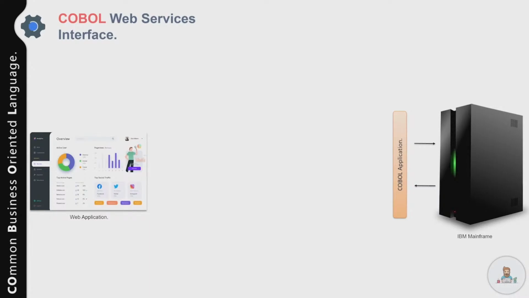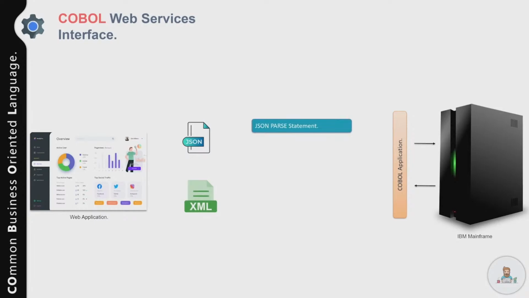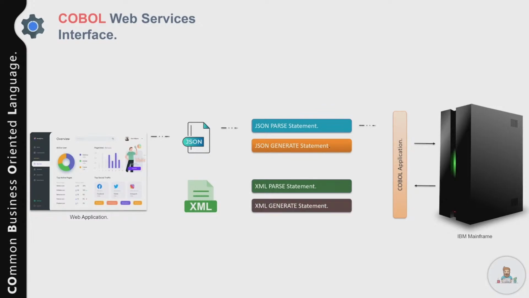First of all, let's say our web application is communicating with the COBOL application in JSON format. In this case, you can use two separate COBOL statements. The first one is the JSON PARSE statement, which is used to consume the JSON message that you have received from the web application. Apart from that, you can use the JSON GENERATE statement that will convert the COBOL data item or the COBOL output into a JSON format that can be processed by a web application.